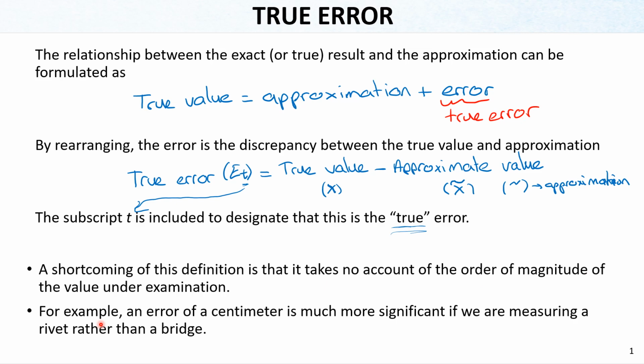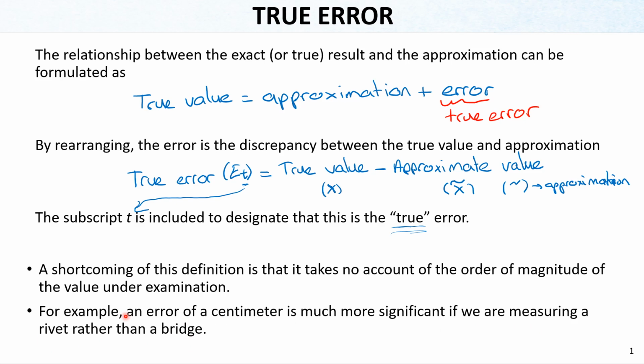That means that we can have different magnitudes, such as one value can be 1 and the other one can be 1,000, and the difference between them is too much, but the true error can be in the same magnitudes for these kind of values, and it can be a problem to evaluate them. So, for example, an error of a centimeter is much more significant if we are measuring a rivet rather than a bridge. And we will talk about these as an example in the following slides as well.